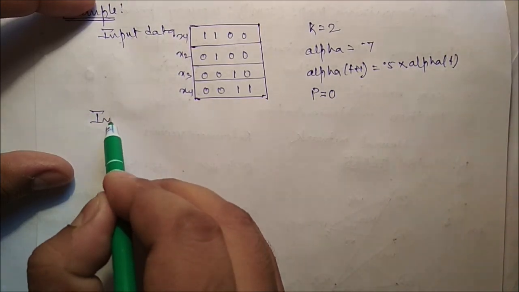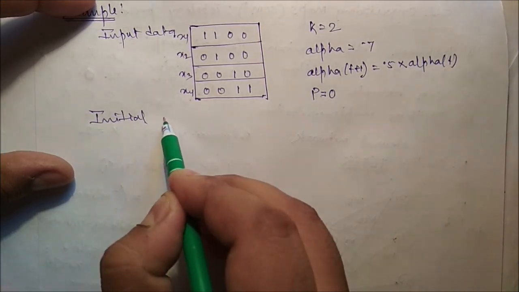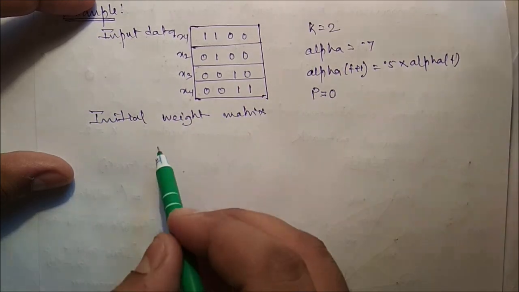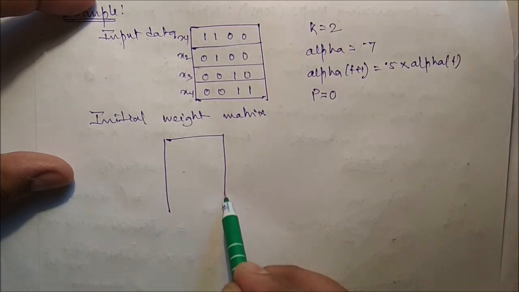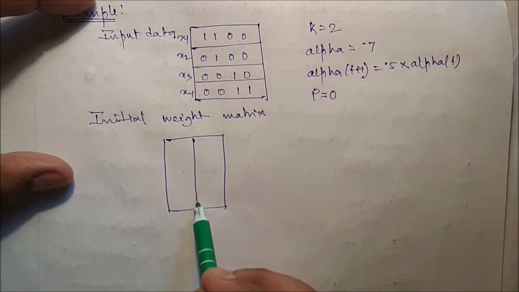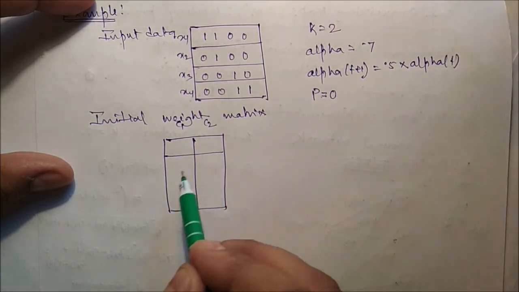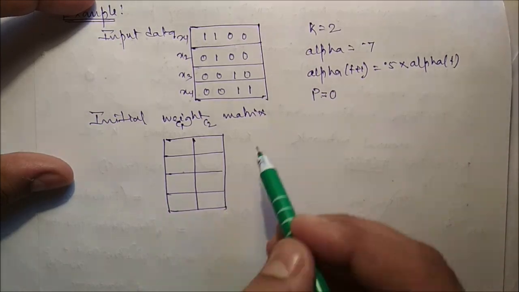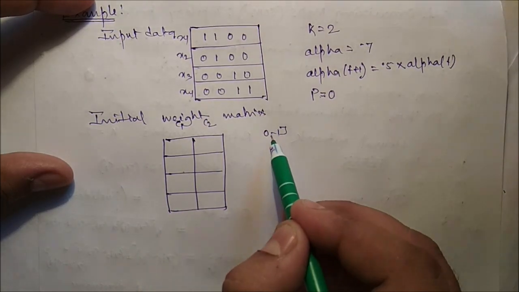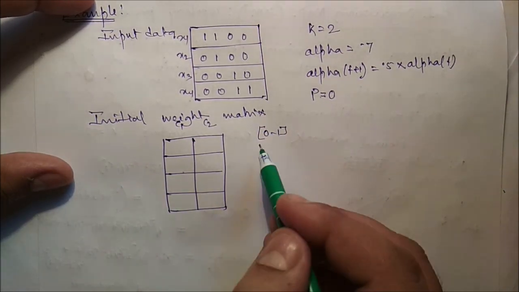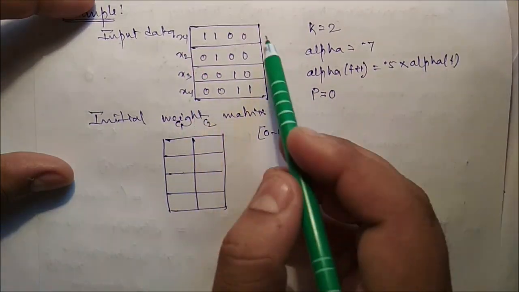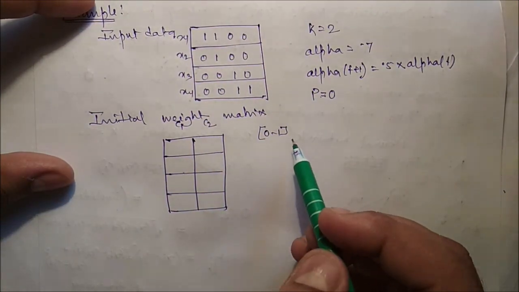So for the initial weight matrix, there are 2 clusters, hence we need 2 columns, one for C1 and another for C2, and randomly we have to select data in between 0 to 1. So the weight value should be in between 0 to 1. Similarly, input data also should be in between 0 to 1.